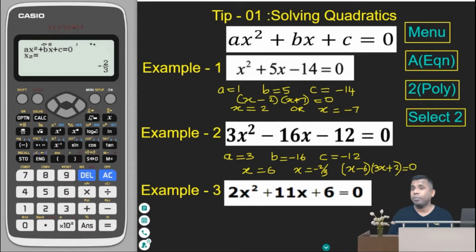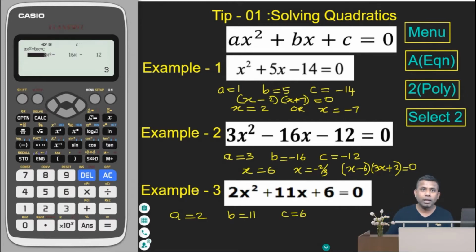The last example for solving quadratics is 2x squared plus 11x plus 6 equals 0. So in this question, A equals 2, B equals 11 and C equals 6. Now I am going to use the calculator. Have a look.